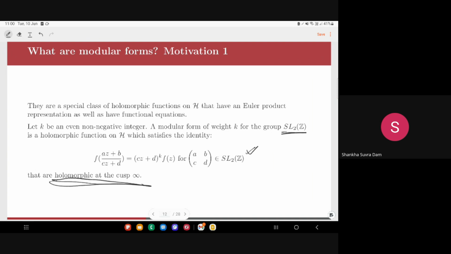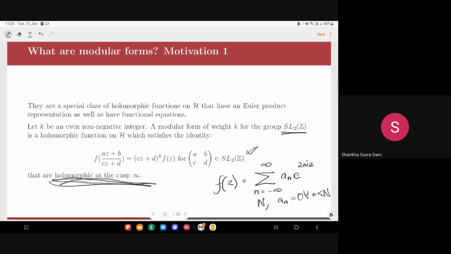So if we consider the Fourier expansion, sum from minus infinity to infinity, this thing here, we will see that for a sufficiently large N, we would have an equal to 0 for all n less than N because of this holomorphic thing over here. Oh, no, sorry.